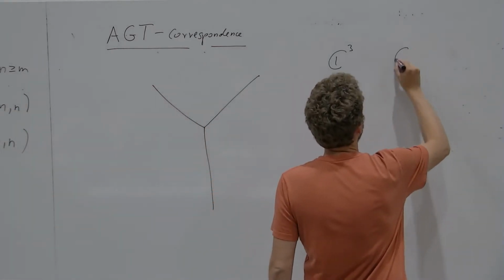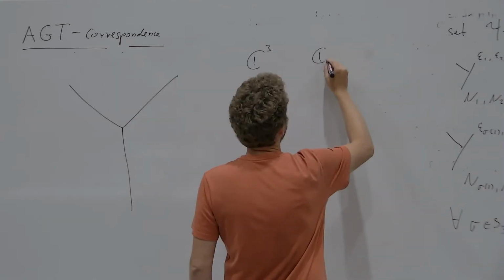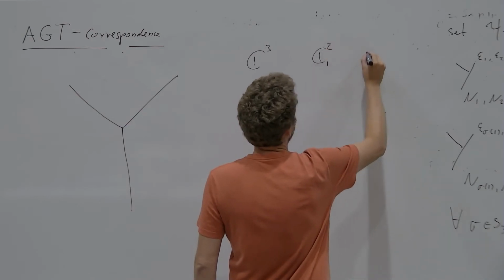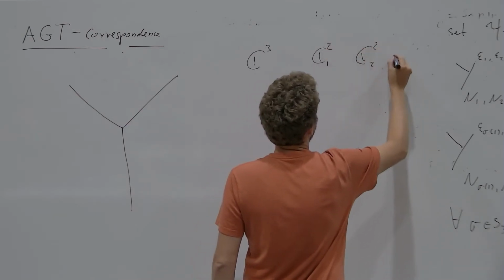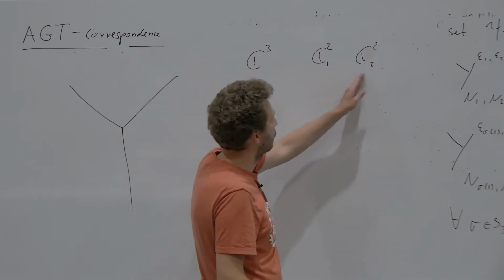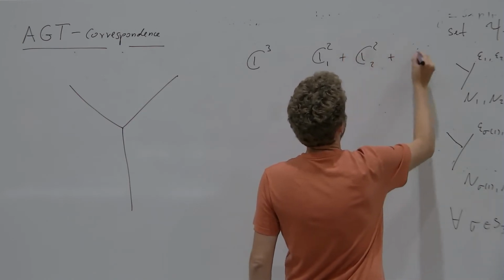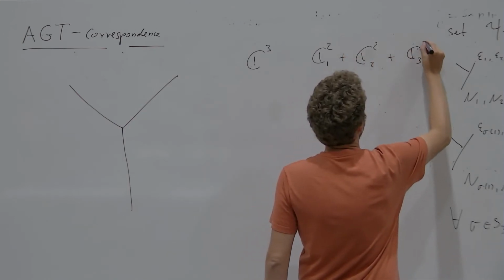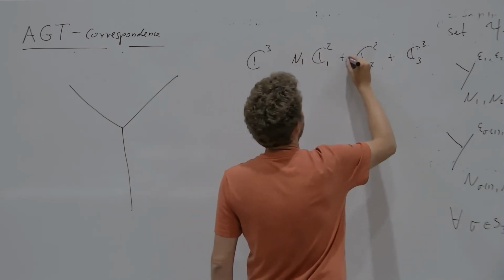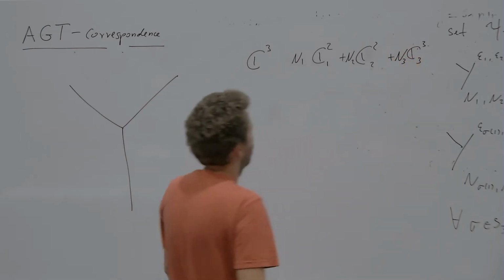So you choose three embeddings of a C2. For example, C1 is the one where you just set the first coordinate to 0, C2 the second one, C3 the third one, and you choose a divisor, let's call it N1 times the first one, N2 the second one, N3 the third one.